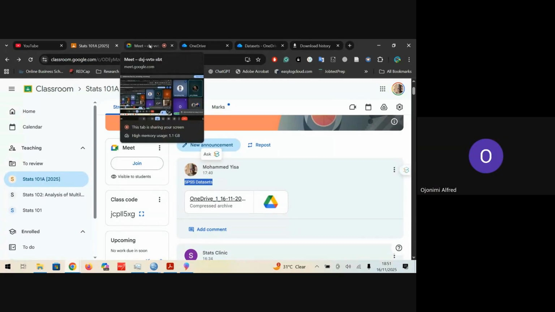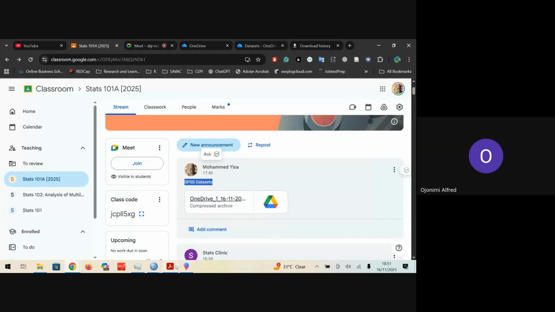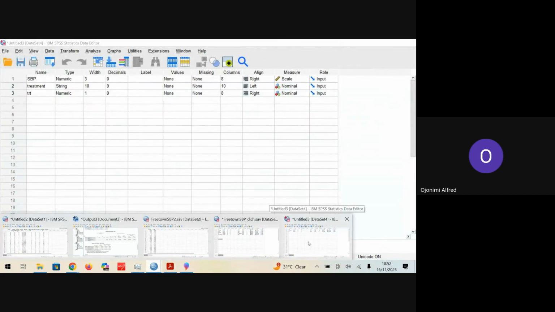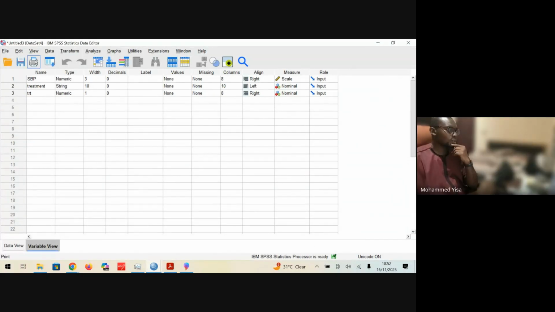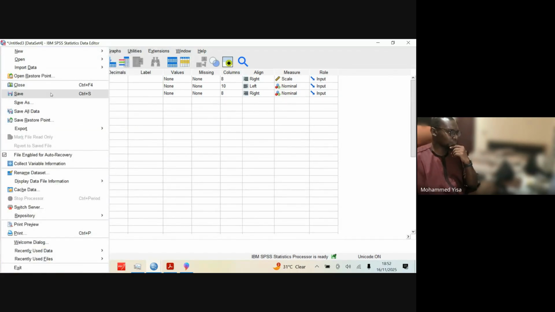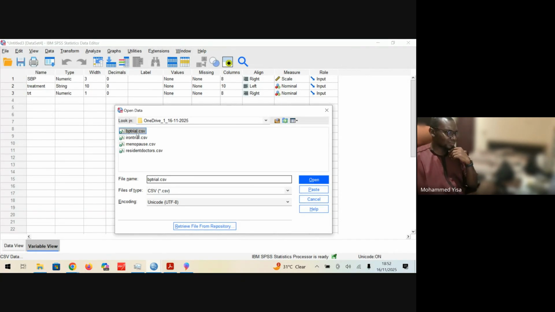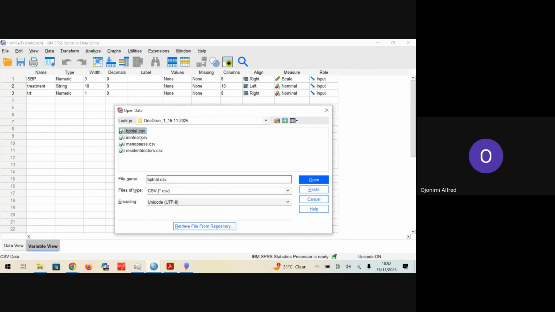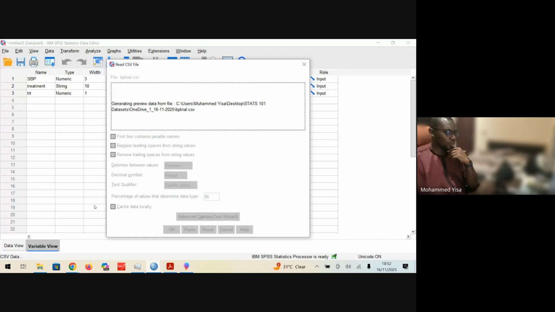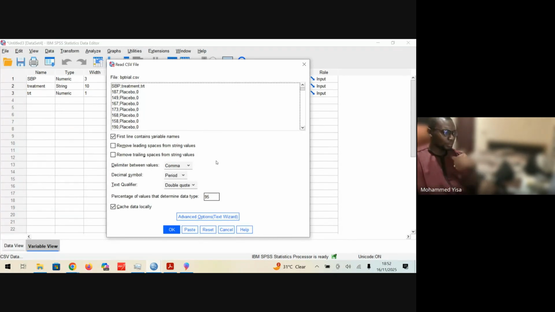Alfred, you have a question? Yeah, thank you. I'm trying to import the CSV file. It's placing all the data in a single column. Okay, sometimes it does that if you don't select some options. When you are importing, you select that you are trying to import CSV data. You select your CSV, you say open. If you are not using the same version of SPSS as me, there might be some different options to choose.